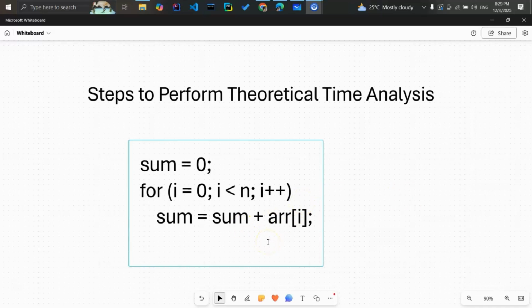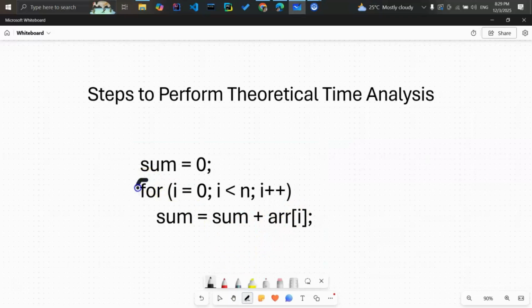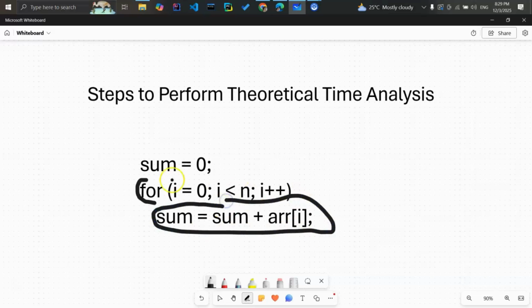What are the basic operations here? We have a loop and we have additions. We have two operations.